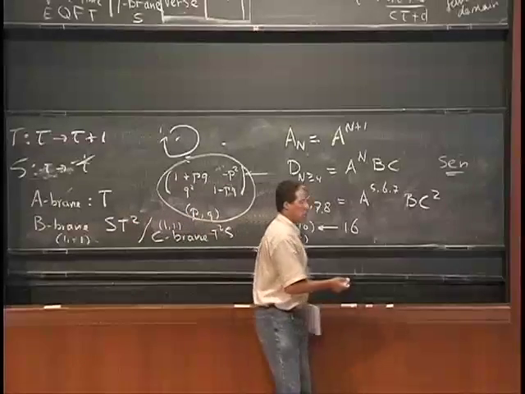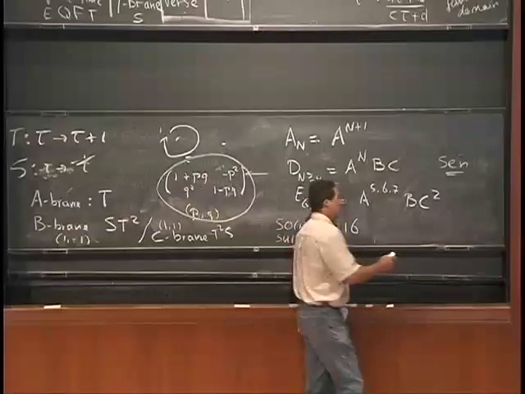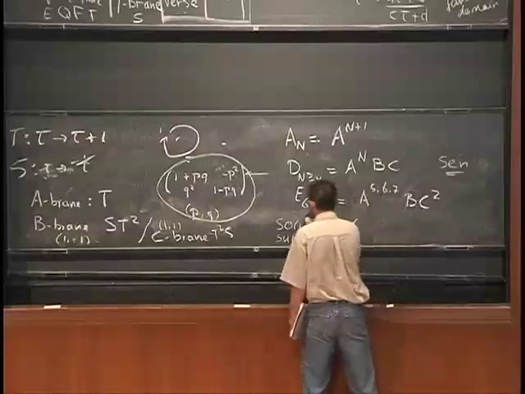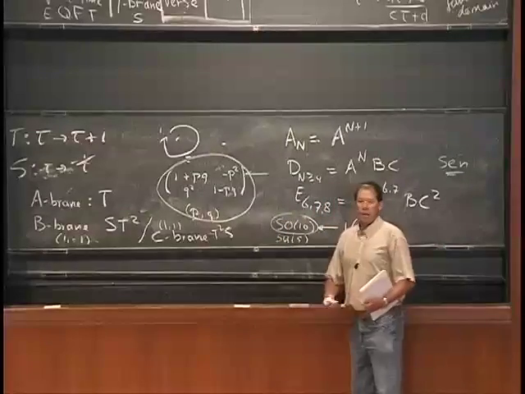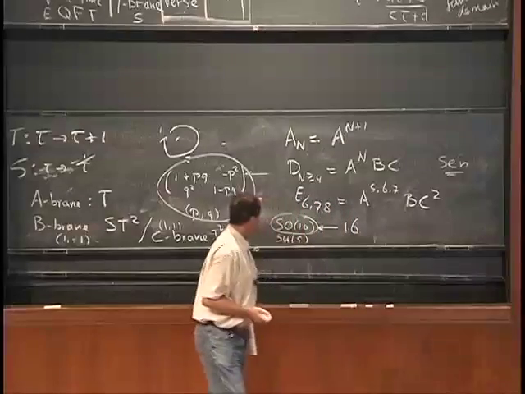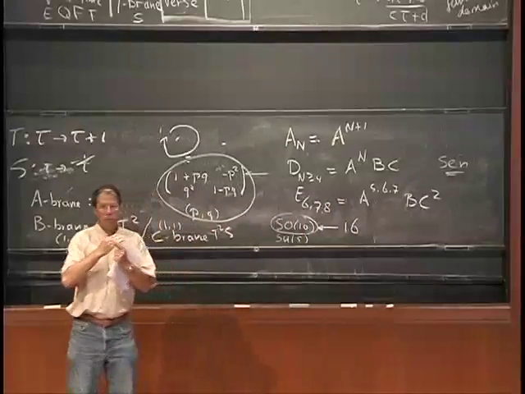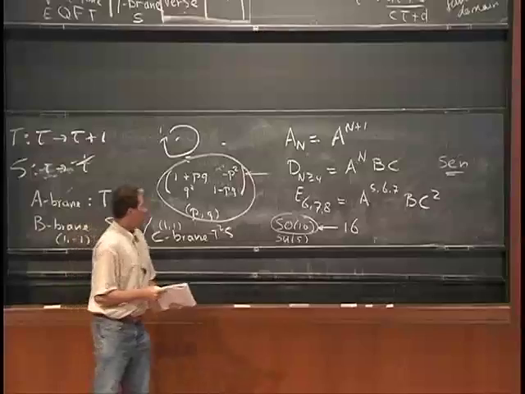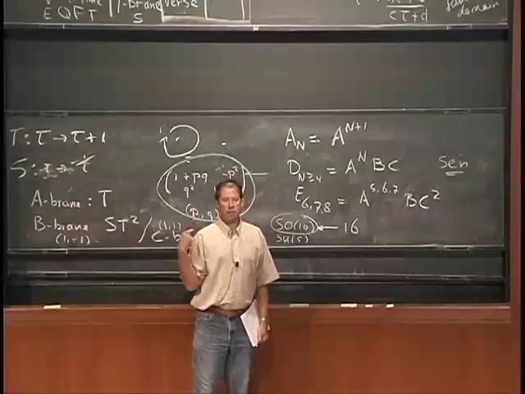And the way you would actually do this, let me briefly mention this, is you would take an SO10 singularity and intersect it with some other singularity in such a way that locally at the intersection point the singularity gets enhanced to an E6 singularity.